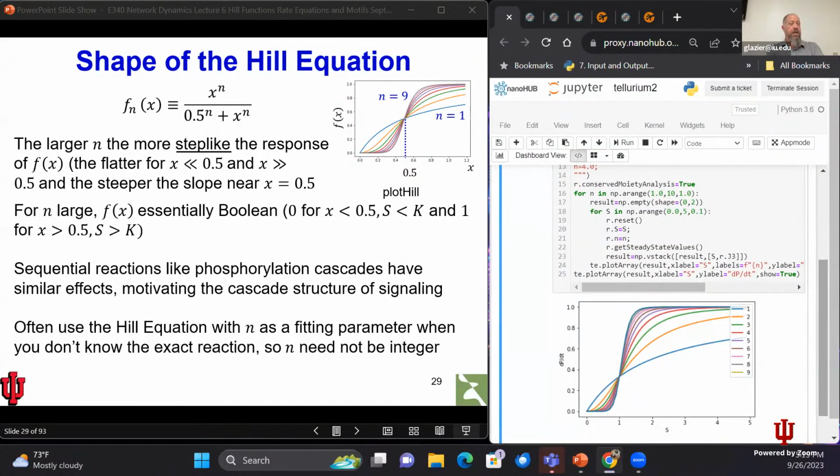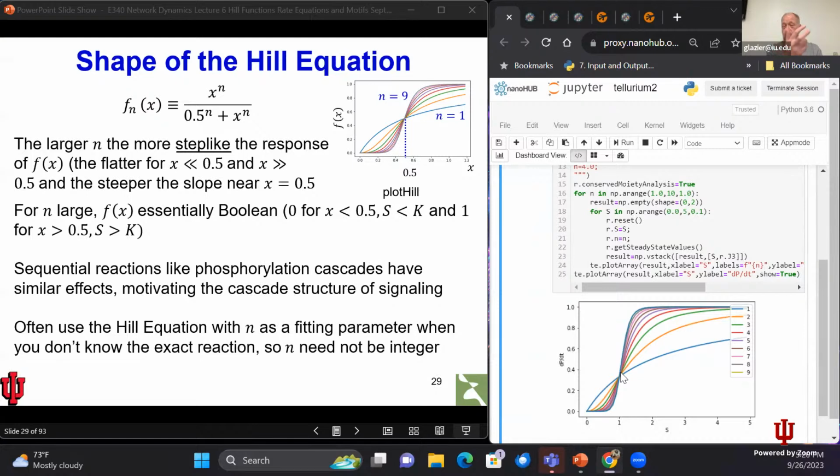You'll notice that if I look at my sigmoid here, it's precisely 0 at 0. But to get it to come to a value of 1, I have to go to s equals infinity. So it's not completely symmetric.